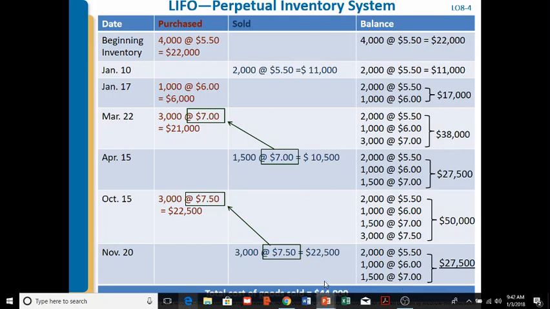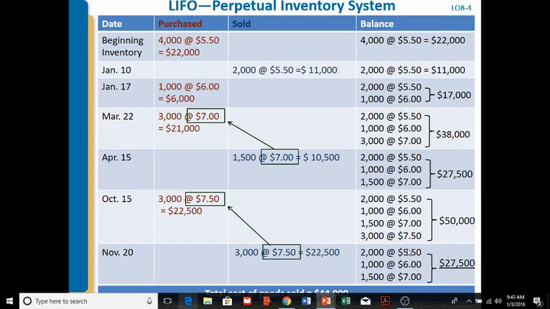Okay? So you can see that under LIFO, perpetual inventory system, you don't wait till the end of the year to calculate these ending inventories and cost of goods sold.